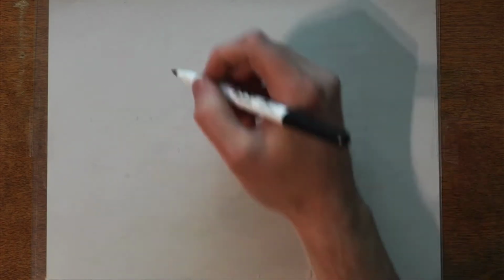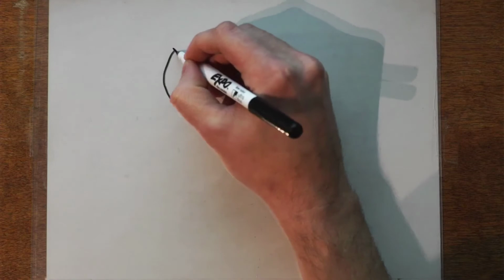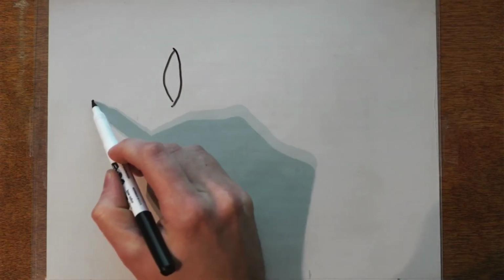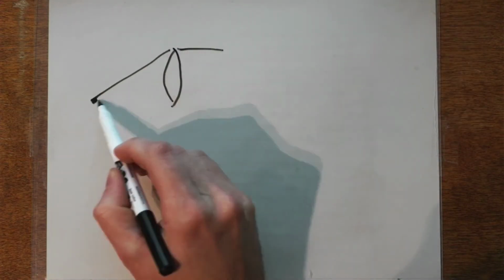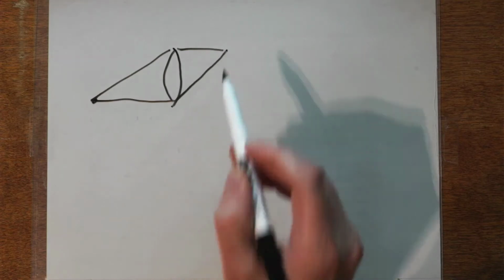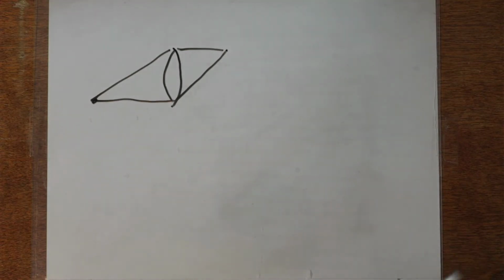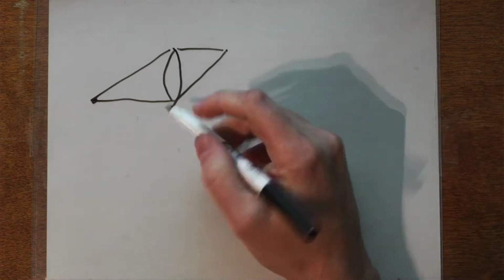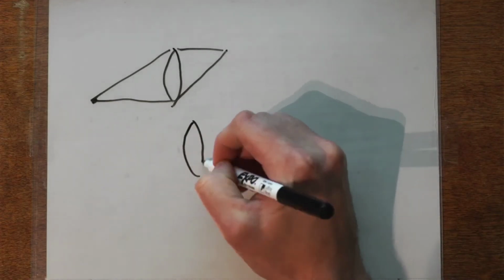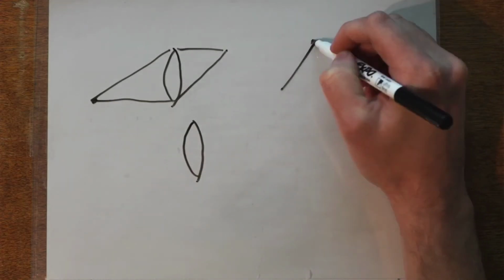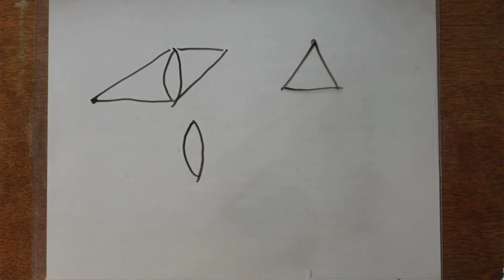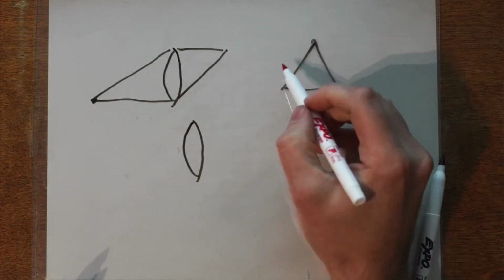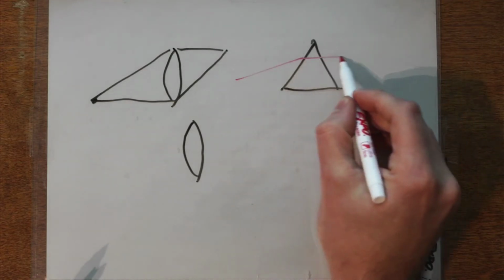So let's talk a little bit about lenses and how light moves through them. We have our lens, and we've talked about light coming through it in a very linear way, without much issue. Now light doesn't do that. Light does horrible things when it meets a surface. You guys have probably seen a prism.